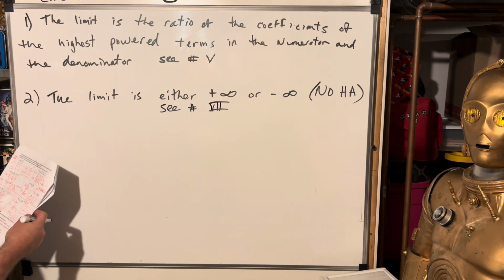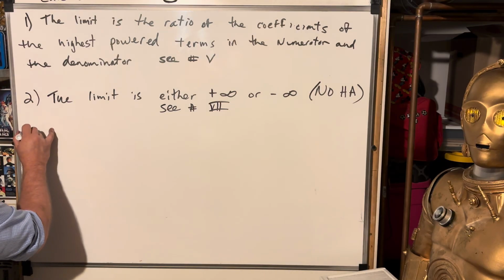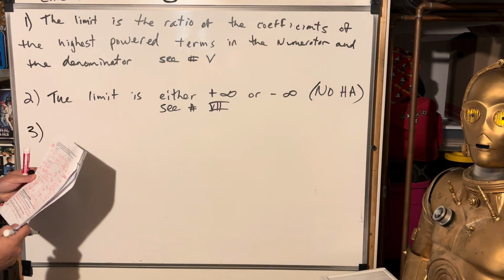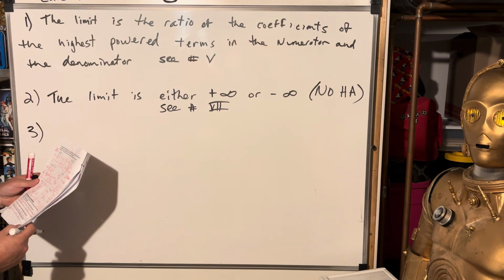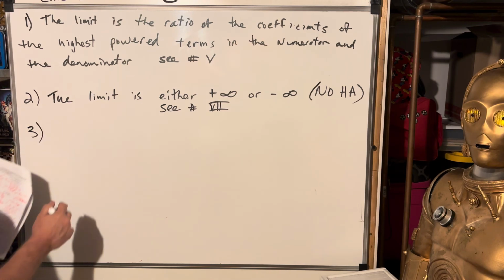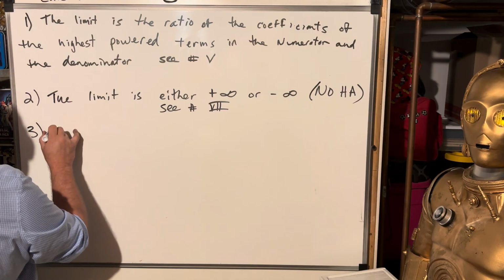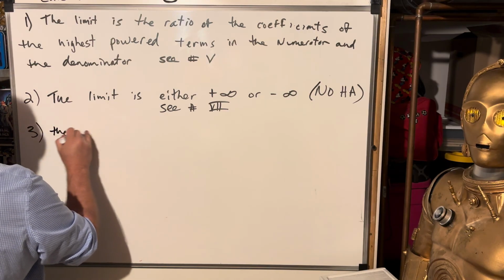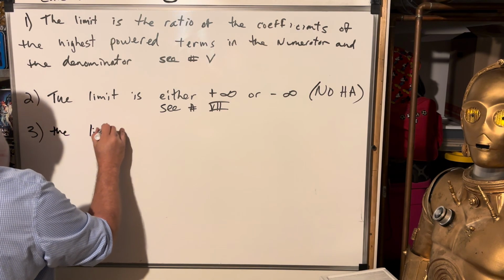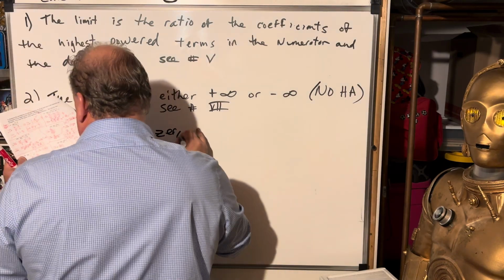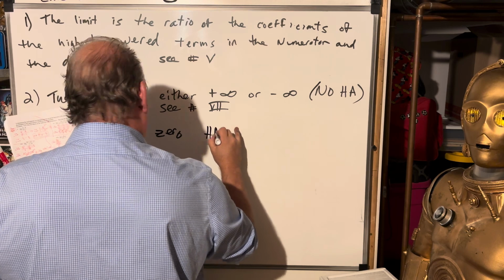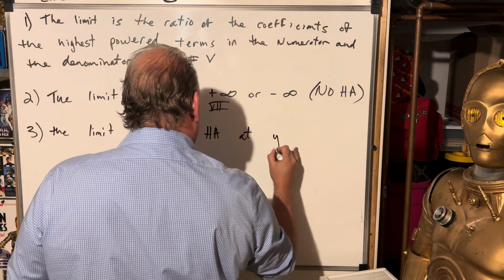And number 9, actually. And then number 3, if the degree of the numerator is smaller than the degree of the denominator, then the limit is 0. And there is a horizontal asymptote at y equals 0.